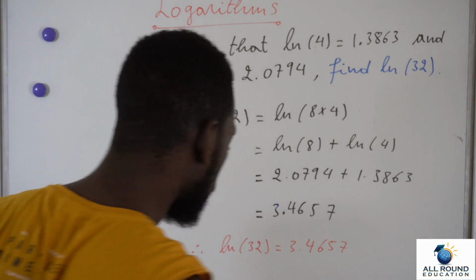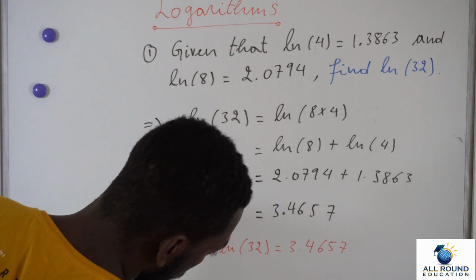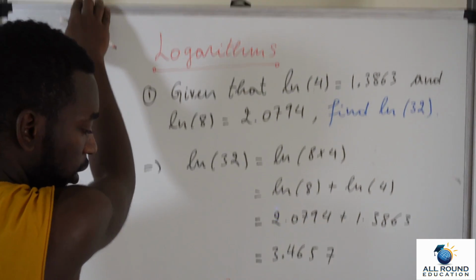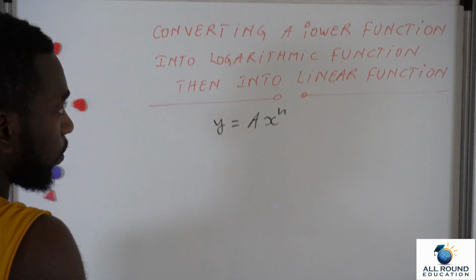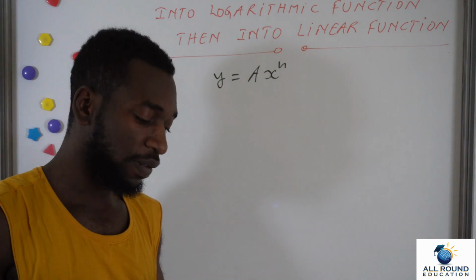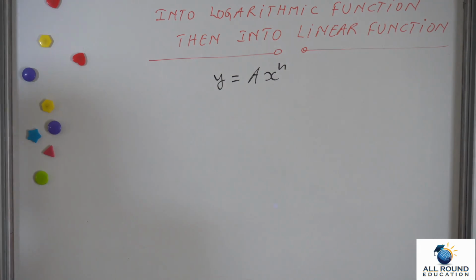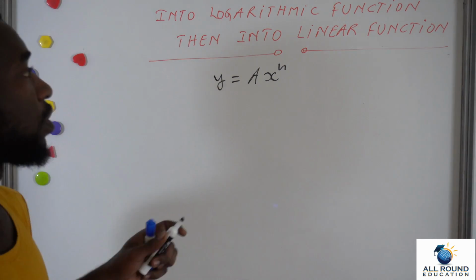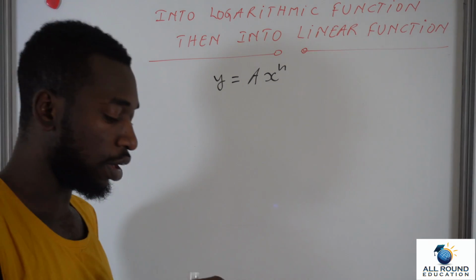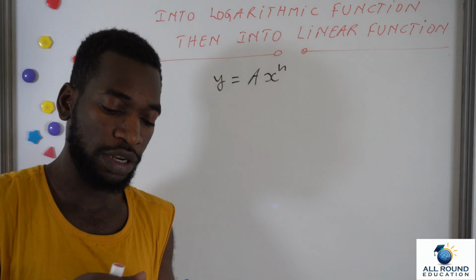However, I've got one more question for you, which is the second part of the video. In this second part, what we are trying to do is convert a power function into a log function, and then relate the log function to a linear function.